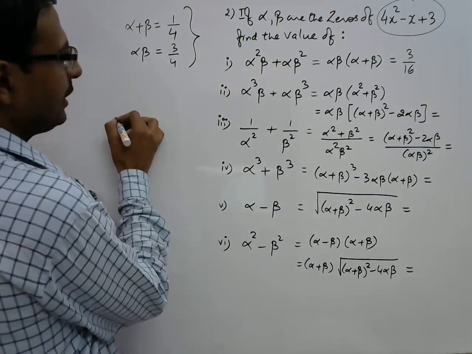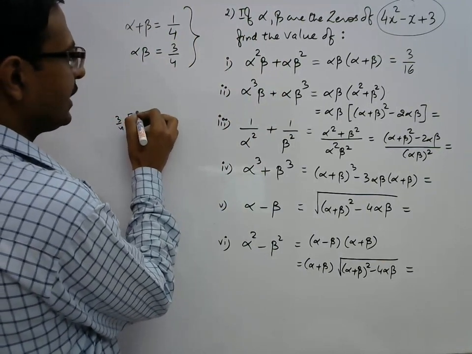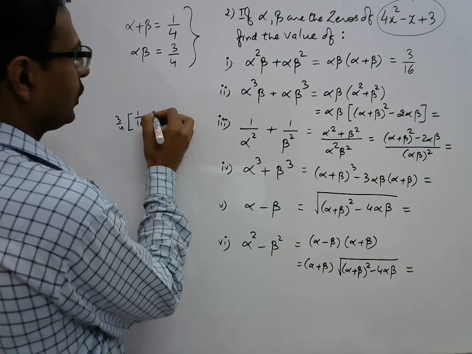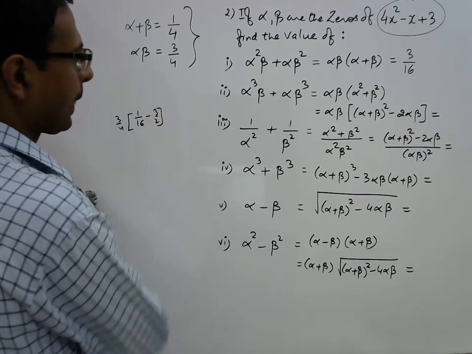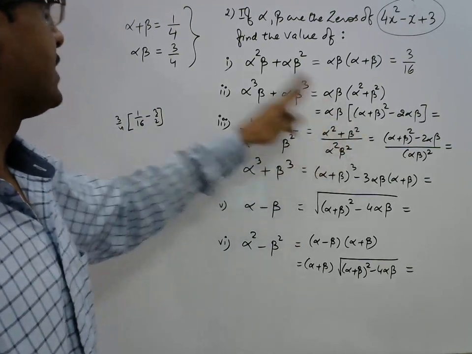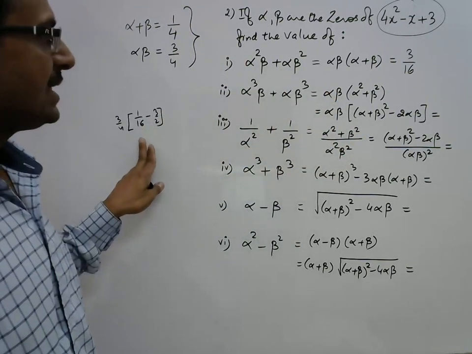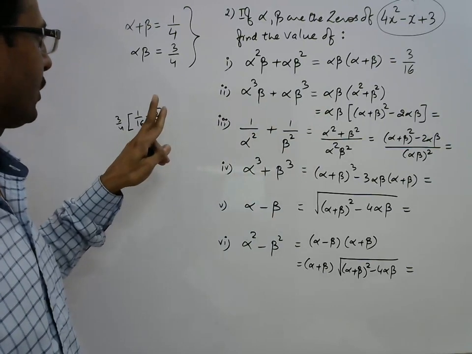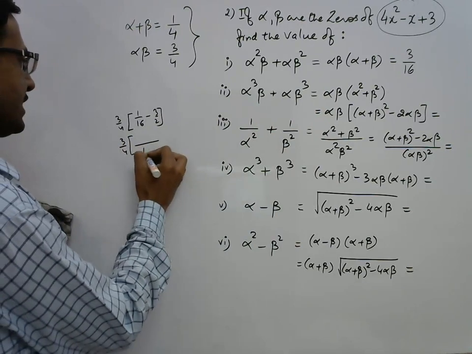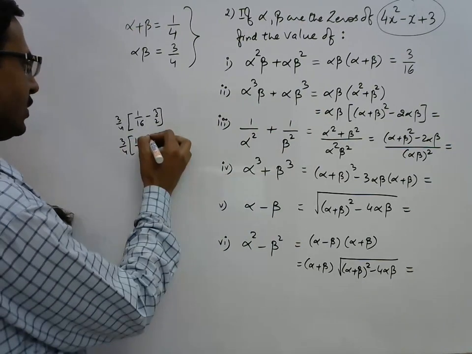Second one, alpha beta is 3 upon 4, alpha plus beta 1 upon 4 square, 1 by 16, minus twice of 3 by 4, that is 3 by 2. So 3 by 4 into, so LCM is 16, 1 minus 24.